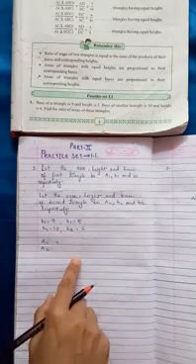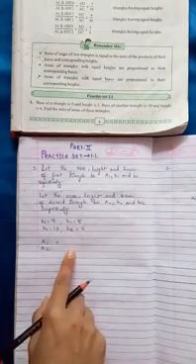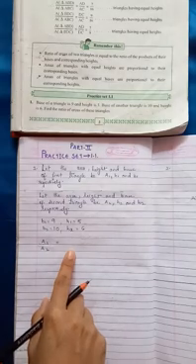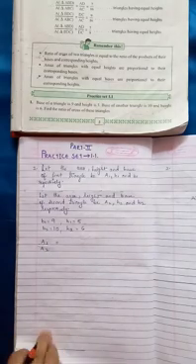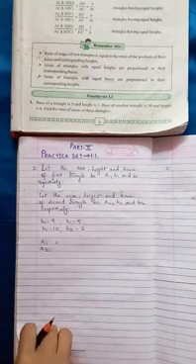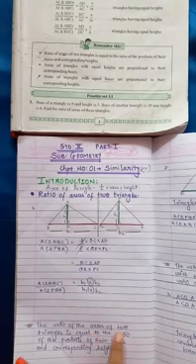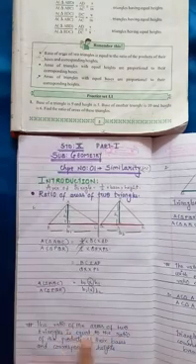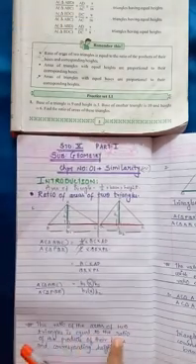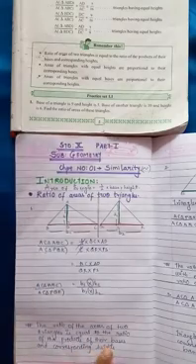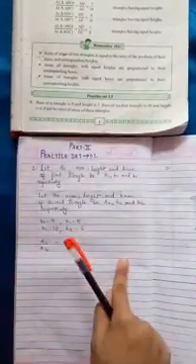We are going to apply the ratio of the areas of two triangles. I'll show you. You are going to write here, because everywhere I am not going to write the property. The ratio of the areas of two triangles is equal to the ratio of the product of the bases and their corresponding heights. This property you are going to write here in this sum.